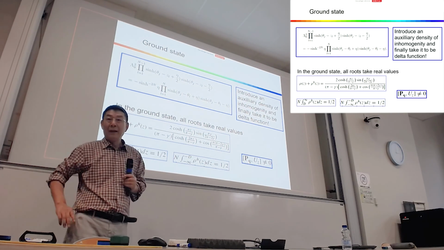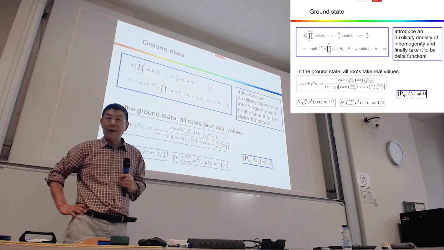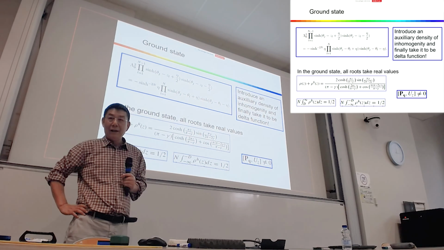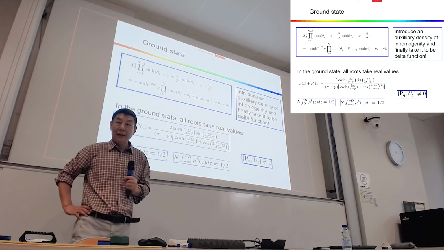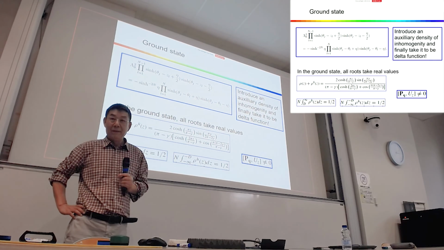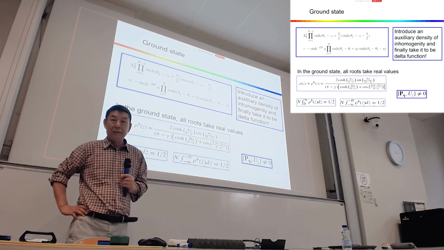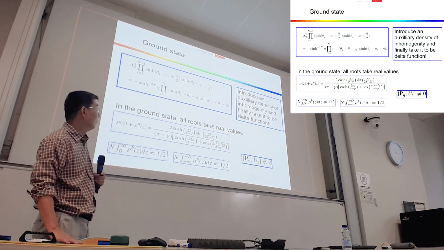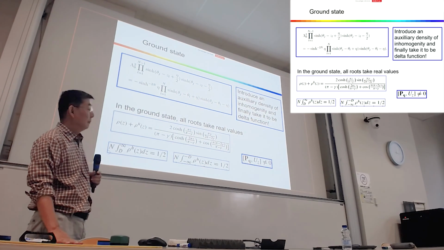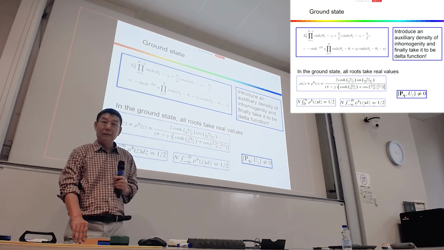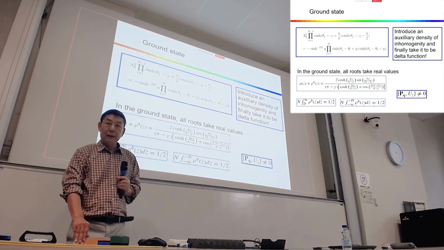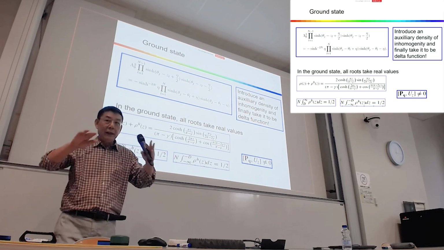If you take the minimal degree for Q, you have only one, and the degree is n. But it's not a big point. The number is the same at minimal also. But the point is what you say, I'm curious, because you introduce the inhomogeneity, and at some point in the result, everything disappears. And you say that the density goes to a delta function.